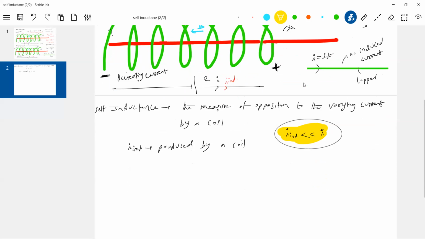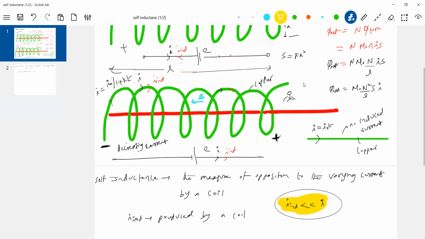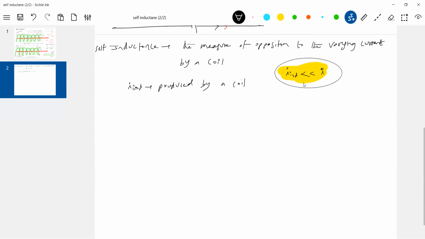Now let's come back here. Look at the net flux and current, how they are directly proportional. So the flux linking a coil is directly proportional to the current flowing in the coil.